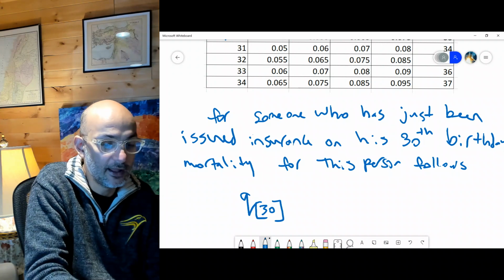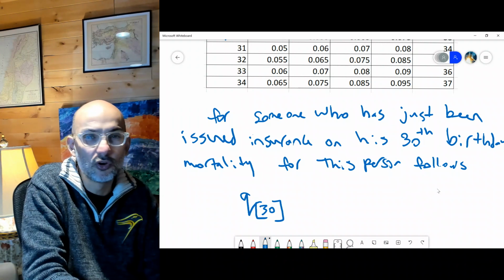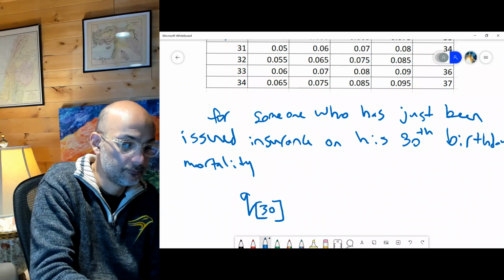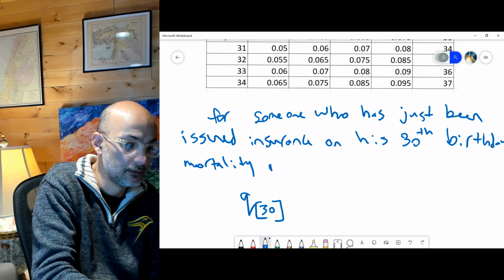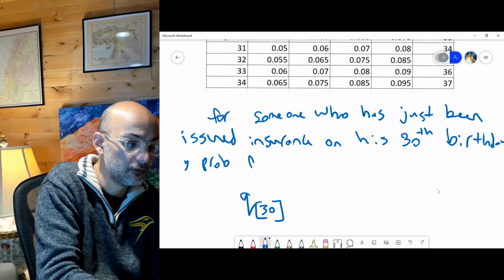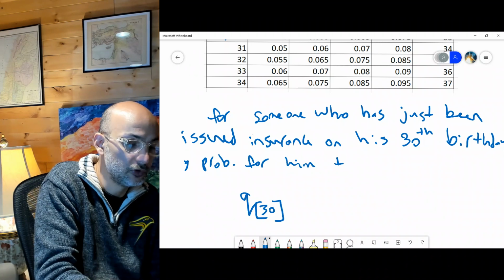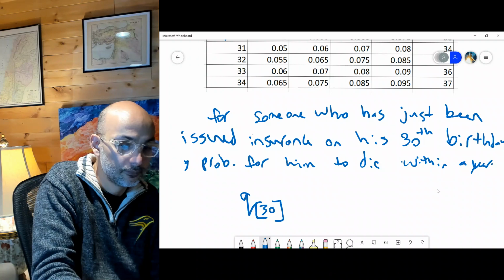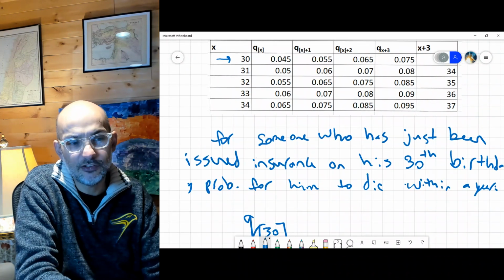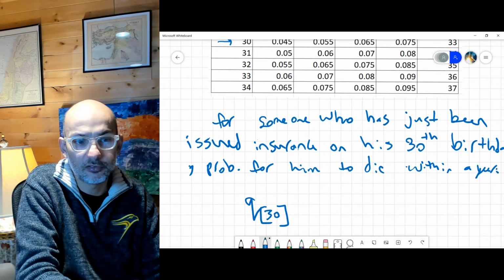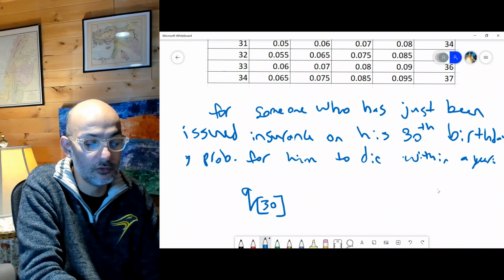Right? So what does this tell us? The probability for this person, who at age 30 was issued an insurance policy, to die within 1 year is, we write it this way, q[30] in brackets.